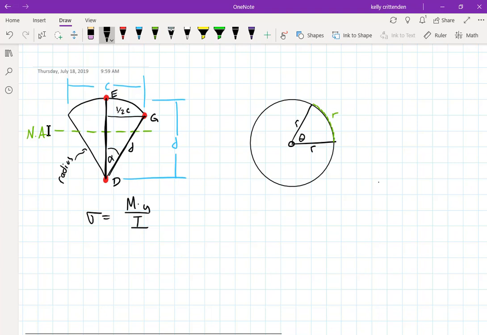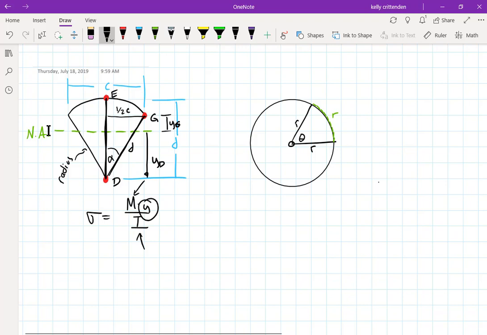So for each one of these, the difference is they'd have the same moment of inertia, the same bending moment, but different values for the distance from the neutral axis. If you're calculating the stress at G, you put that distance in there. If you want to know the stress at D, you go from the neutral axis down to here, and that's the number you would put in for y.